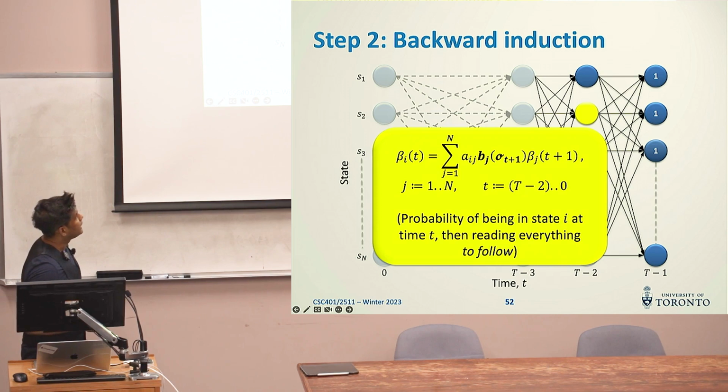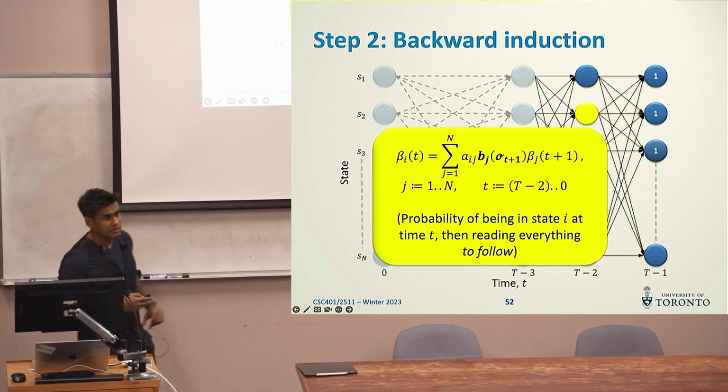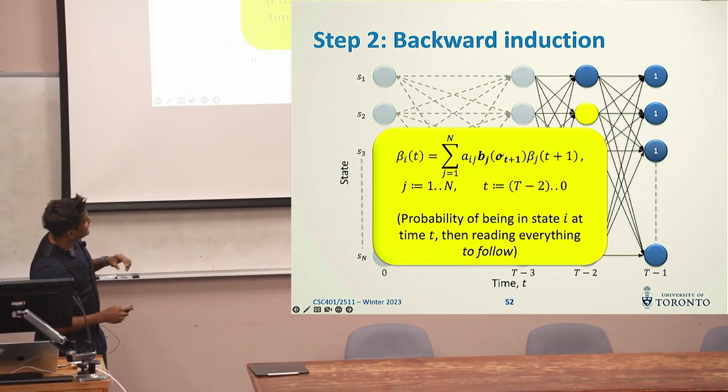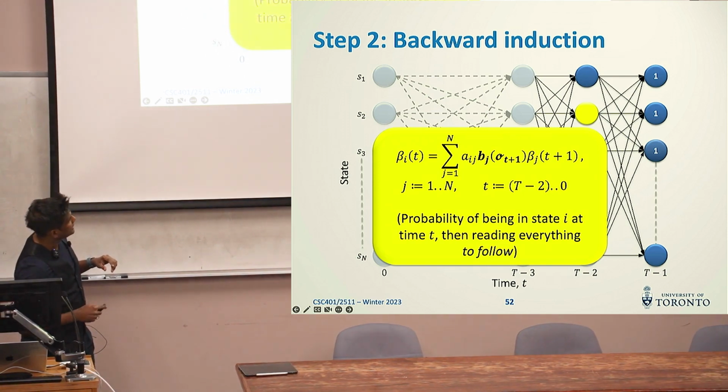In this step, let's consider this specific node in yellow. Let's say we are in state i and time t. In this case, our i is S2, and our time is T minus 2. The idea is the same: we calculate all the probabilities of the outgoing arcs from this yellow node.